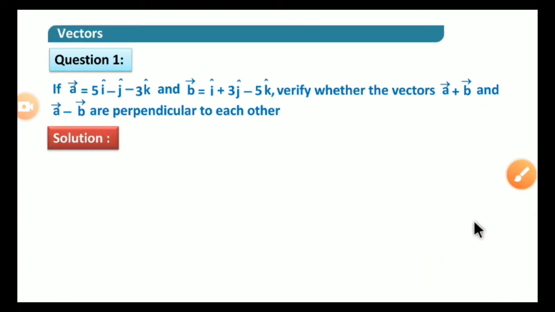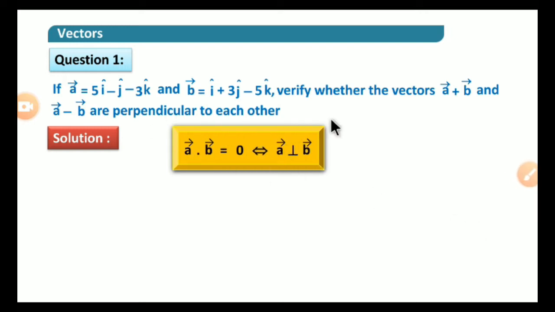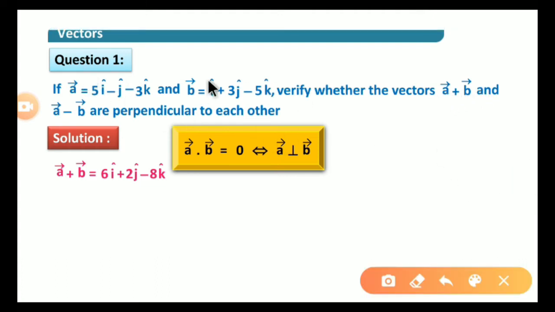So this is the concept, and first we should find the value of A plus B. That means we have to add the vectors A and B. So 5i plus i becomes 6i, minus j plus 3j becomes plus 2j, minus 3k minus 5k becomes minus 8k.